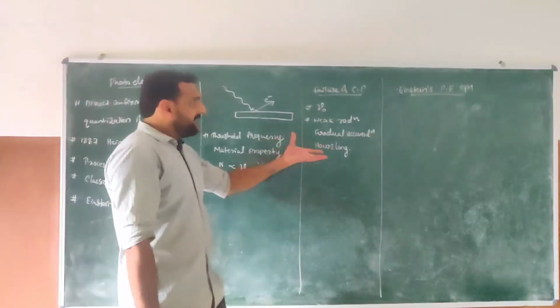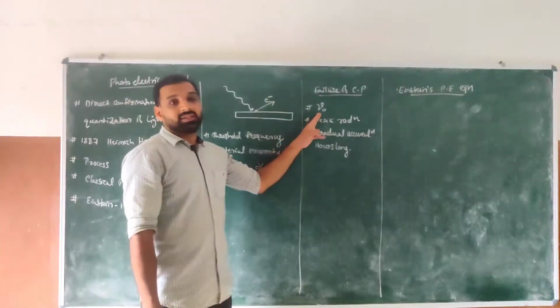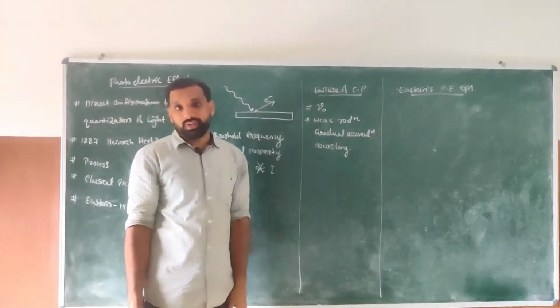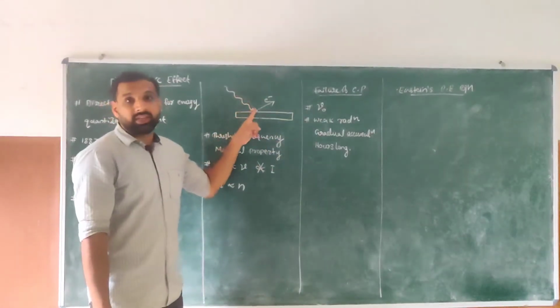Why did classical physics fail? According to classical physics, there is no such thing as a threshold frequency, which is the minimum frequency required by the incident wave.